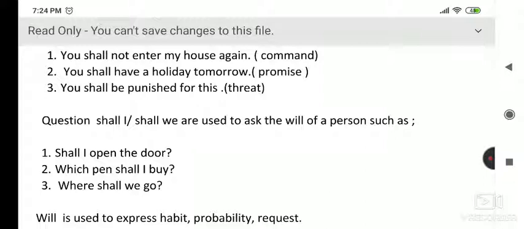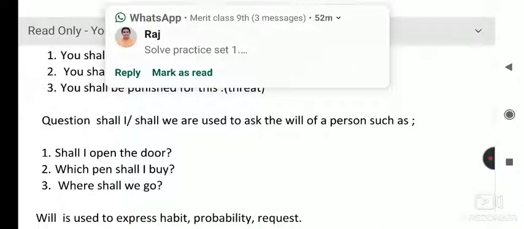To express a question, we can easily use shall I or shall we. For example, shall I open the door? Or which pen shall I buy? Or where shall we go?